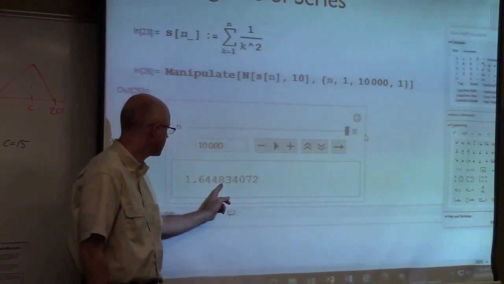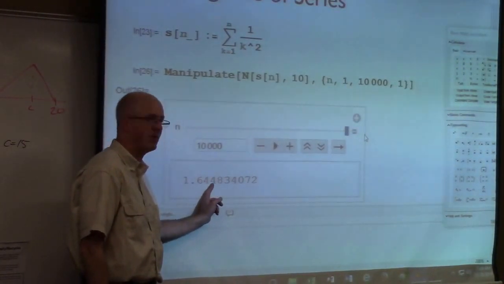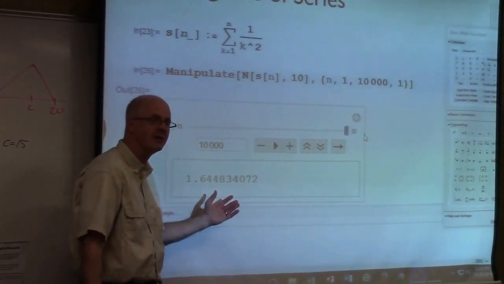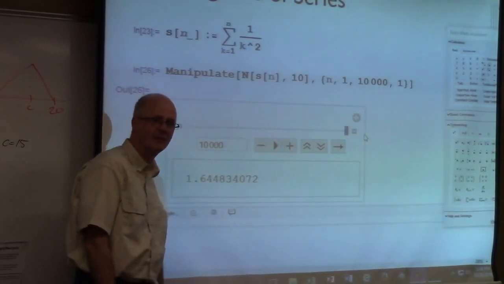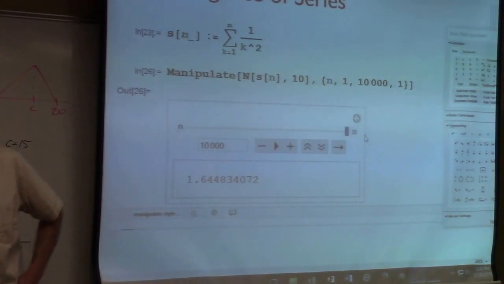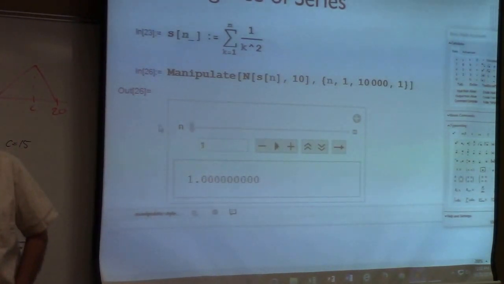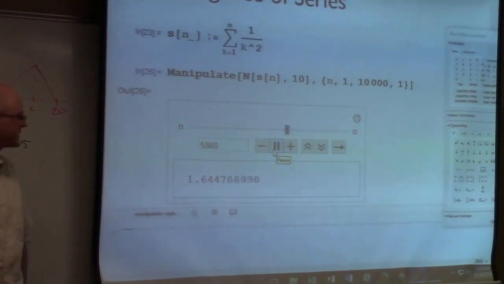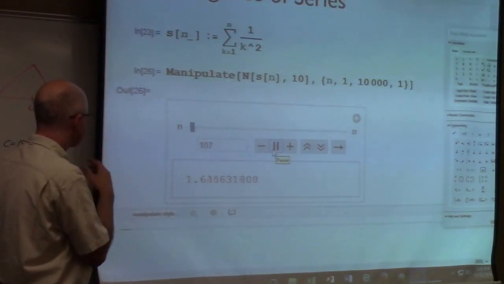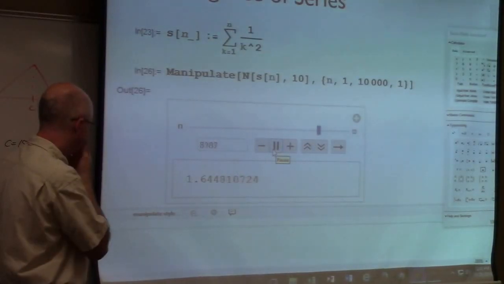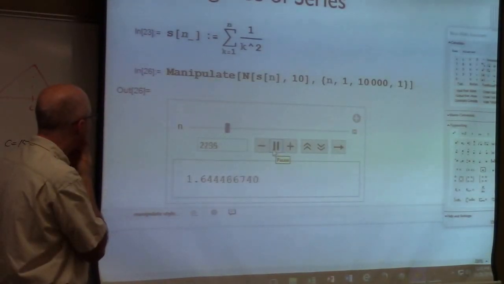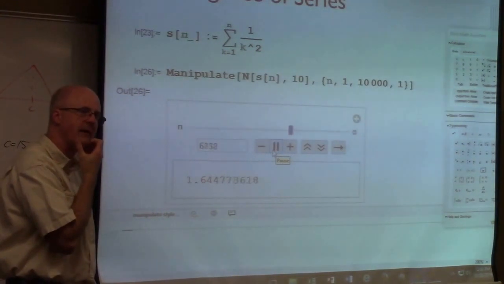How do you know you're never going to get above 1.645 here? Maybe you do eventually if you let n go to 1 million, for example. We've got some evidence that this series sums to something finite because those partial sums keep going up slower and slower. You notice they go up fast at first, relatively speaking. But that's no proof one way or the other.